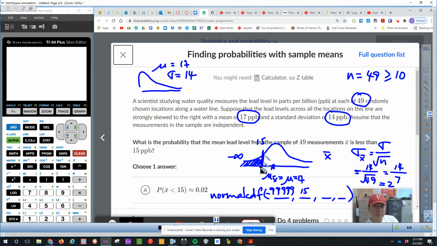That's the endpoint of the shaded area. The mean happens to be 17, the mean of the population, because the sample mean is an unbiased estimator. So the mean of the sampling distribution of the sample mean should be the same as the population mean, 17. The standard deviation we just found is 2. The standard deviation of the sampling distribution is 2. So if you put this in your calculator, I need to write that down.